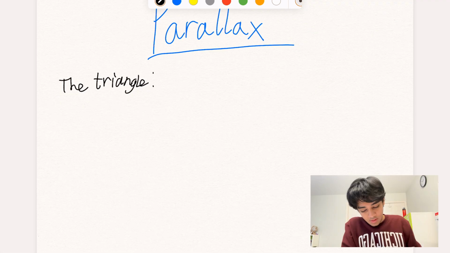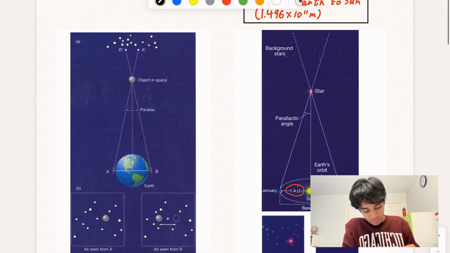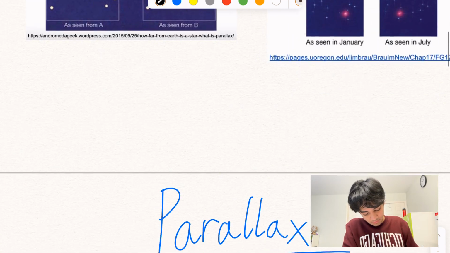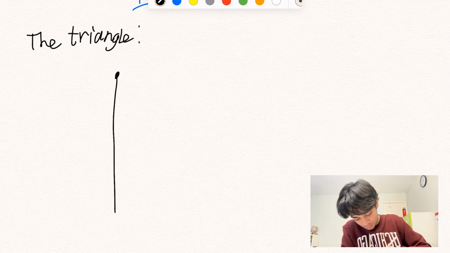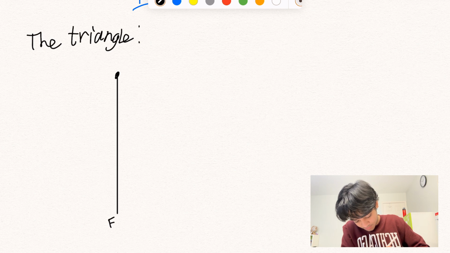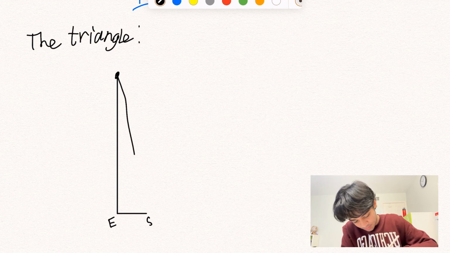Now let's move on. Let's draw a triangle similar to the one up here. We'll have an object over here, our Earth over here, and our sun over here, and we'll finish the triangle.